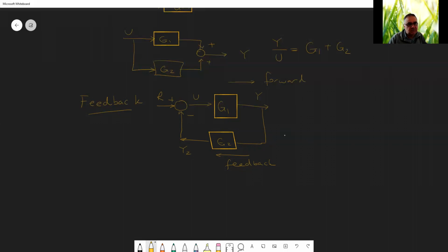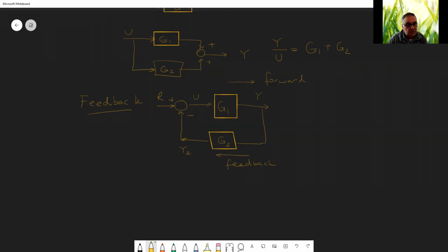Y2 is minus, and this is Y. As you see, this is a G2, by the way. It doesn't look like it, but I can use feedback to influence the input to my system. Now, that is the idea in control systems. We measure the output variable of a system and use it to influence the input to our system, okay?